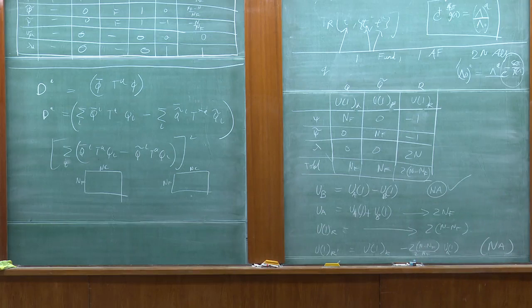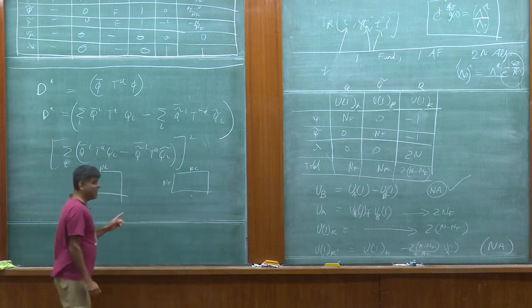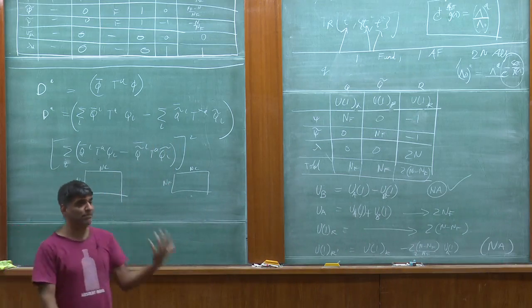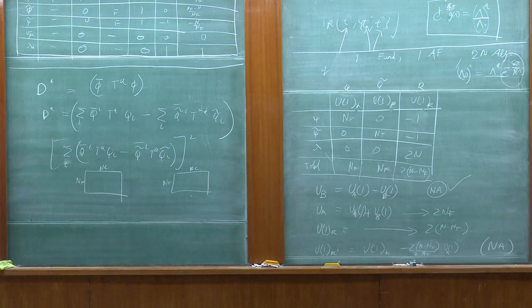Now, if you find one place where this happens, then clearly by acting on it with a gauge transformation, it will continue to vanish. Or clearly by acting on it with the global U(N_F) times U(N_F) symmetry, it will continue to vanish.